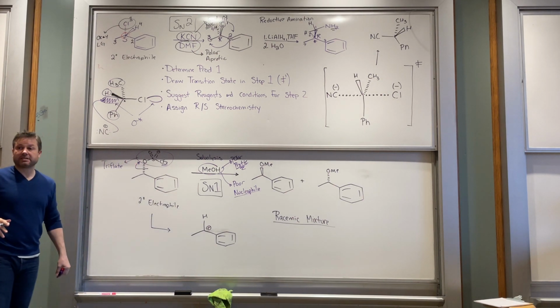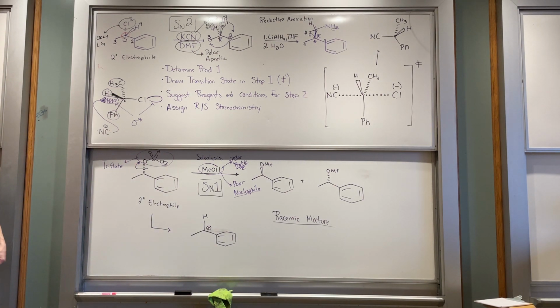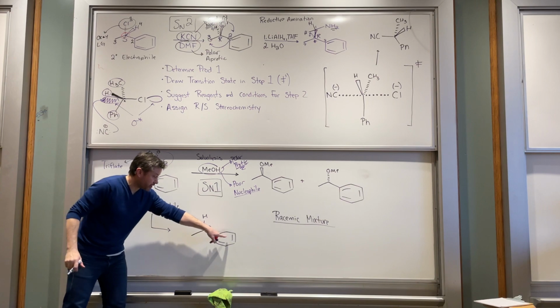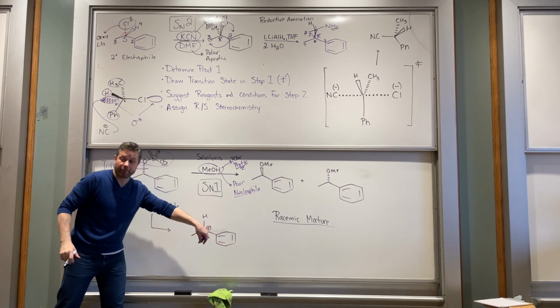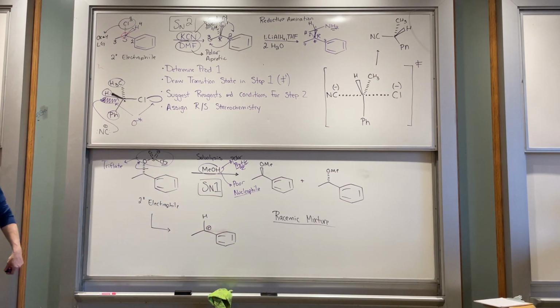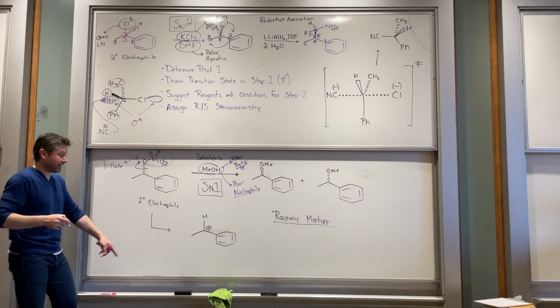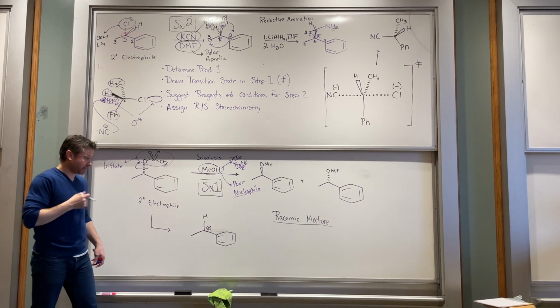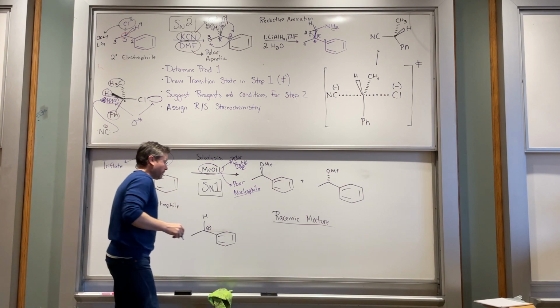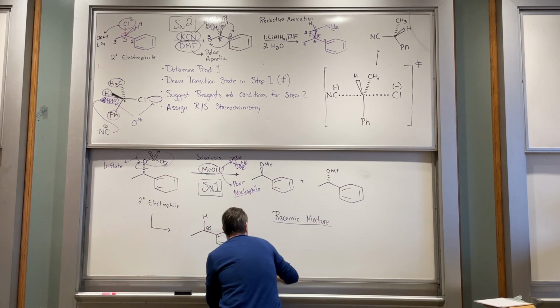We're going to form this carbocation intermediate. It's somewhat stabilized because that empty orbital is in conjugation with the benzene ring, right? So the benzene ring can add into that empty orbital to help stabilize the charge. But we have to think about what this looks like in 3 dimensions.